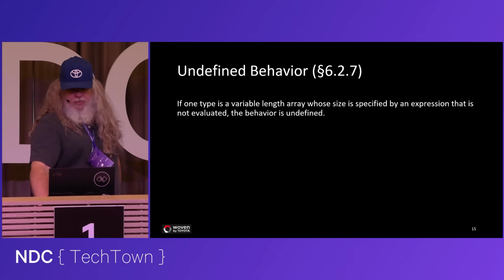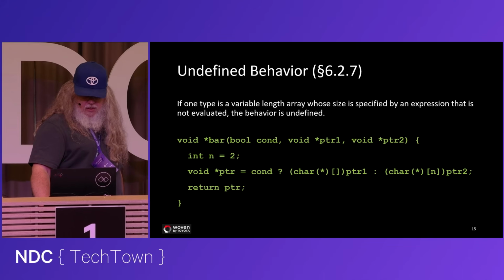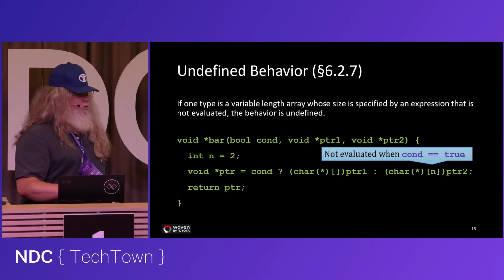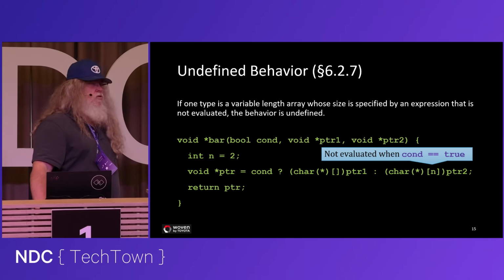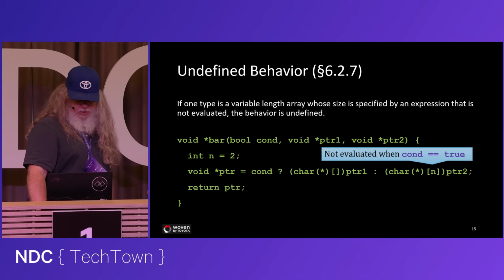So the UB, if you have a type which is a variable length array whose size is specified by an unevaluated expression, that creates undefined behavior. So here we have a function that takes a couple pointers and a condition, and we have a conditional expression where, as I mentioned, composite types will be formed to evaluate a conditional expression.